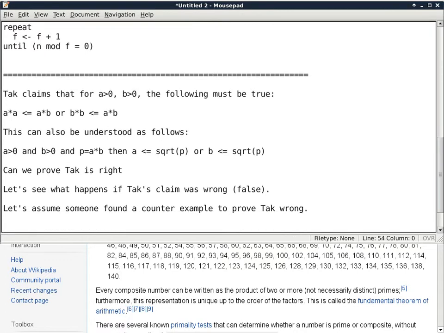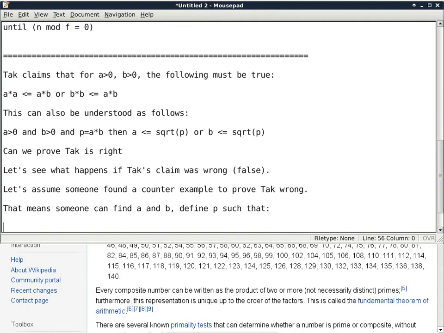I don't need you guys to actually find a concrete counterexample. It just simply means someone can find an A greater than 0, a B greater than 0, define P to be the product of A times B, and yet neither A nor B is less than or equal to the square root of P. Isn't that what it means when I'm wrong in this case? Okay, so that means someone can find A and B, define P such that.